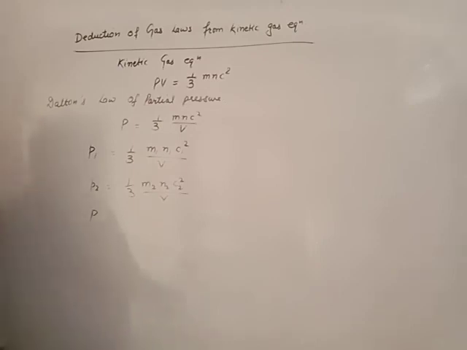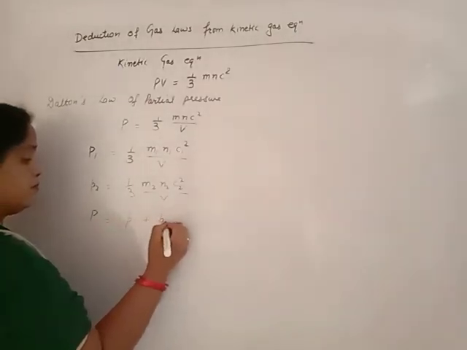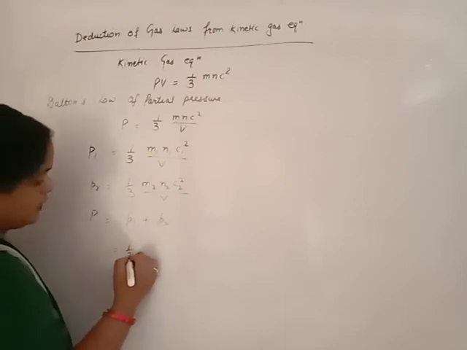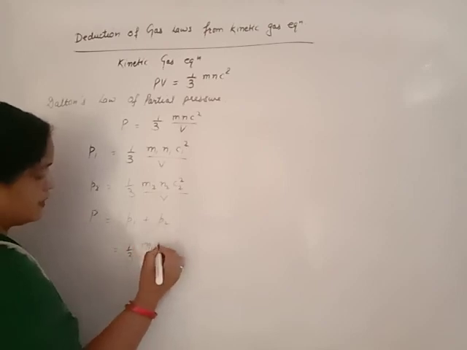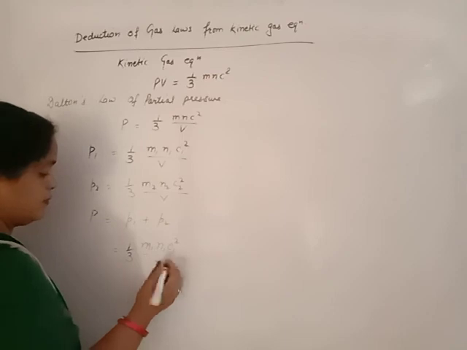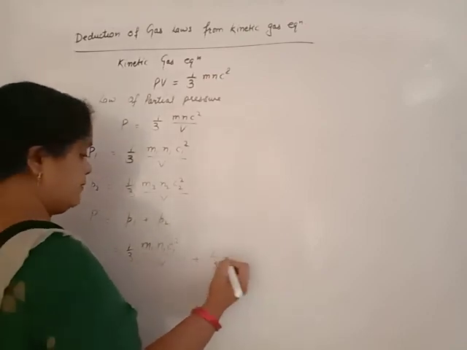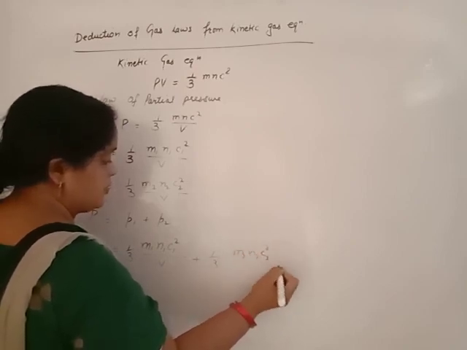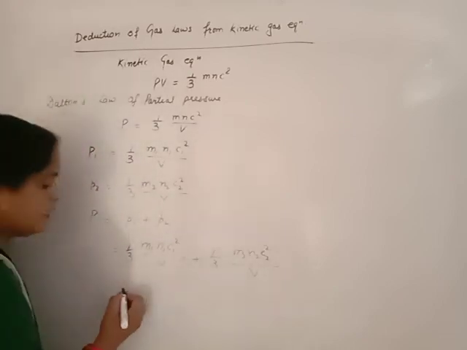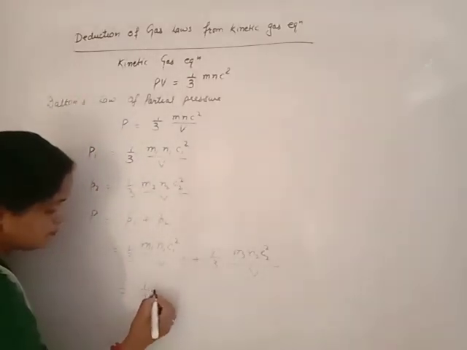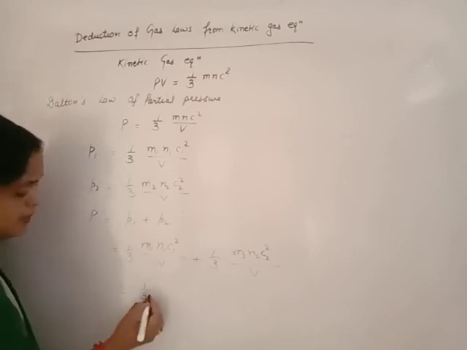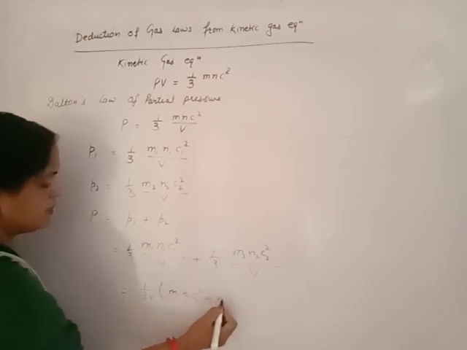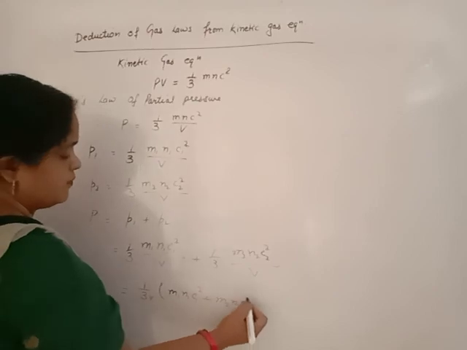The total pressure of the gaseous mixture is P1 + P2, the partial pressure of the first gas plus the partial pressure of the other gas: 1/3 m1n1c1²/V + 1/3 m2n2c2²/V. Since 1/3V remains constant, this is 1/(3V) (m1n1c1² + m2n2c2²).